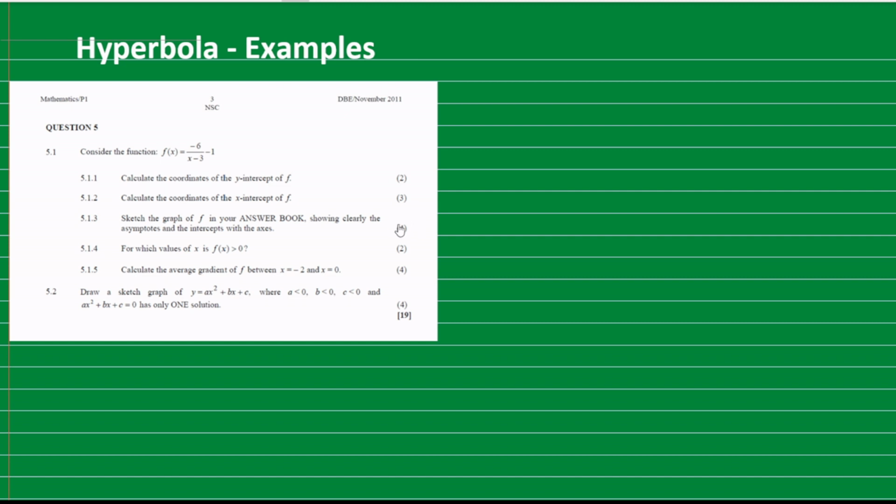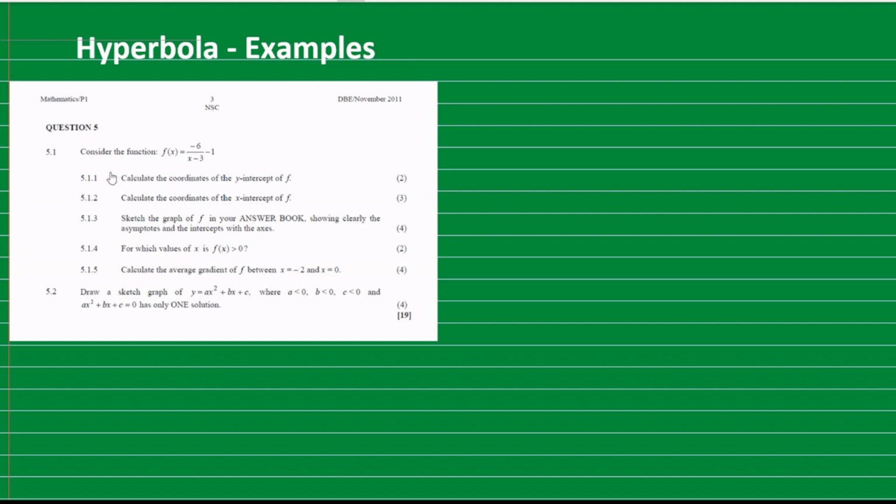Now let's get into one of the examples that we have here. This is a November 2011 question paper, just to put into practice what we have been explaining and discussing earlier.